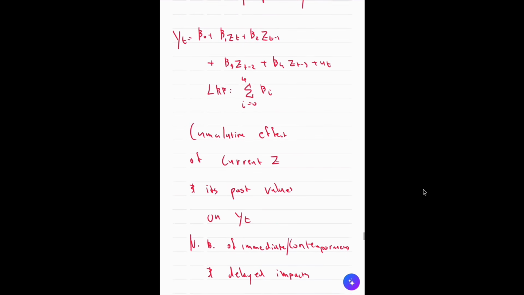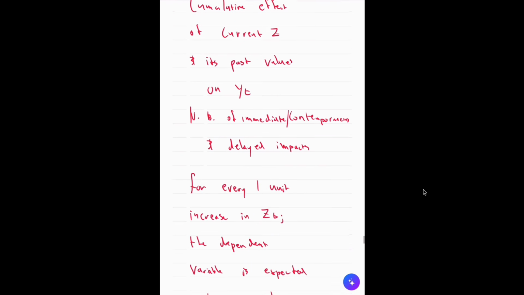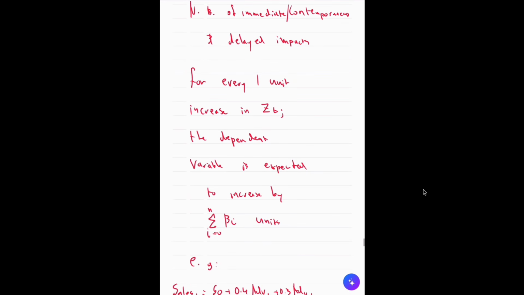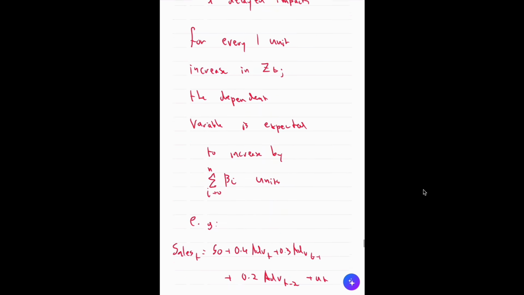It also shows us delayed impact. So how does the value of the explanatory variable 4 years back affect the dependent variable in the current year, right? And so we're saying for every 1 unit increase in the explanatory variable, the dependent variable is expected to increase by the long run propensity, right? Which is the summation of beta i, i equals 1 to n.